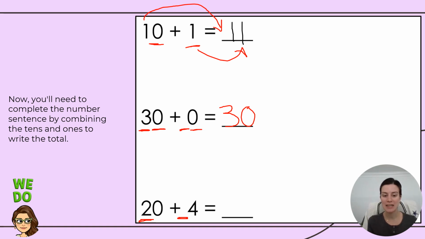So what is 2 tens plus 0 tens? 2 tens plus 0 tens equals 2 tens. Okay, let's look at our ones place now. 0 ones plus 4 ones equals 4 ones. 20 plus 4 equals 24.